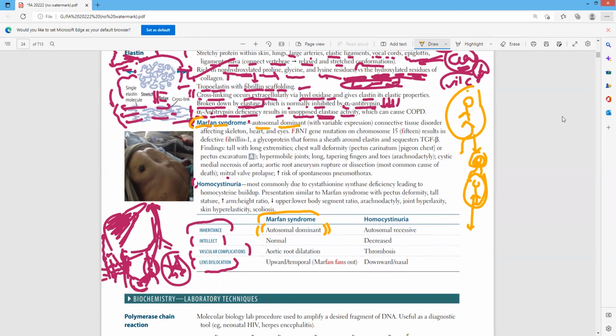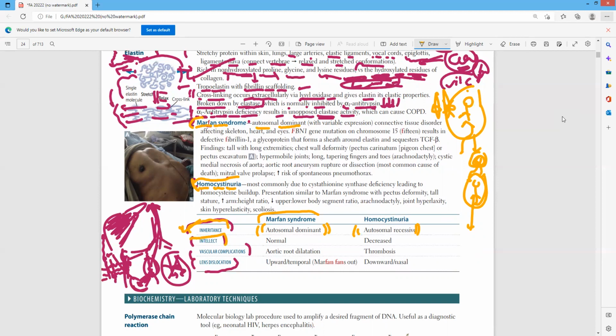So if you have the mutation in a chromosome, either from Baba, Dada, or Mama, this is autosomal dominant. Unlike a disease called homocystinuria, and we will understand this in detail later, but let's take it for now to associate that with Marfan syndrome. It is autosomal recessive. This is from the inheritance point of view.